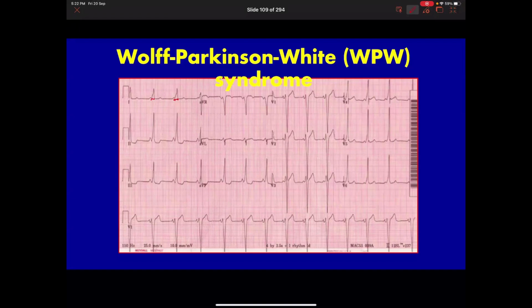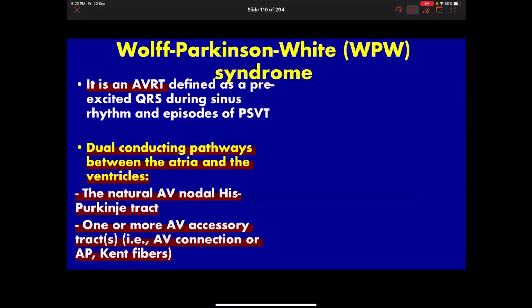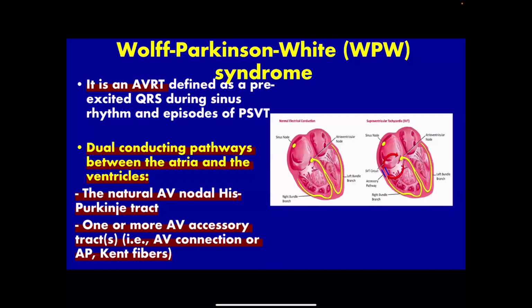Okay, now this is actually a congenital pathology, like you're born with it. These people are born with an accessory pathway in the heart, called the bundle of Kent, or Kent fibers. Normally, people don't have that, but these people are born with this accessory pathway, and it leads to conduction going from the atria directly to the ventricles without passing through the AV node, okay?